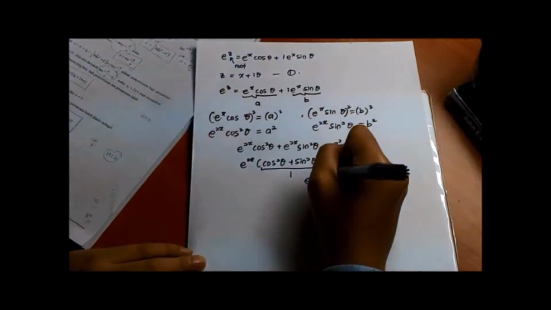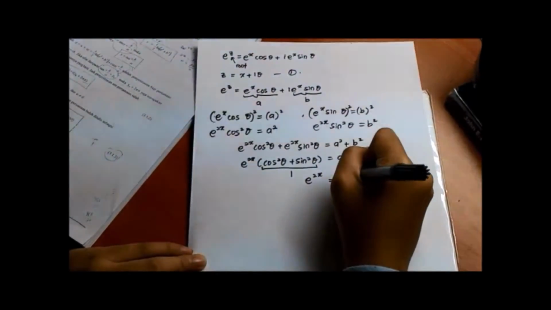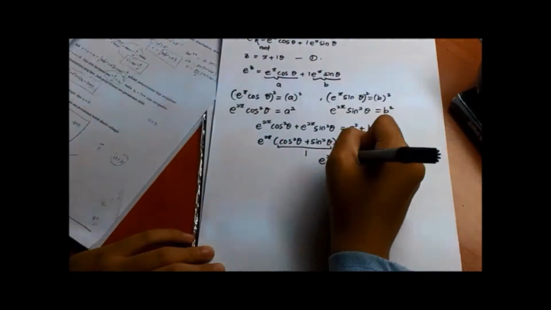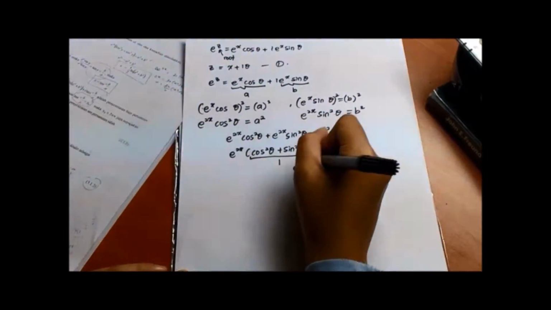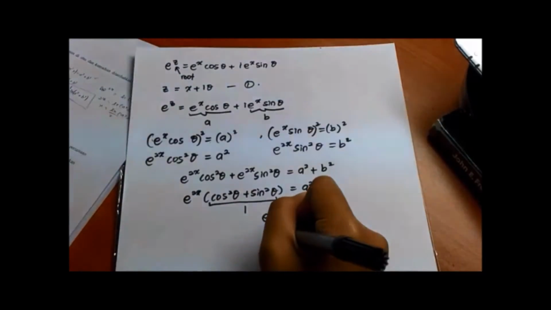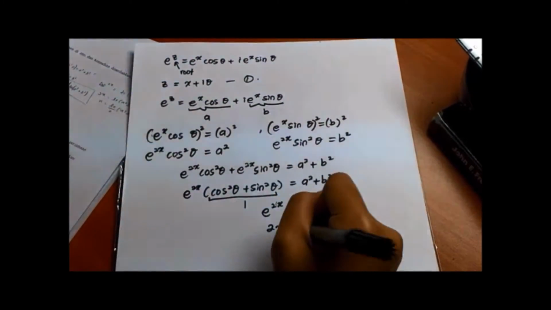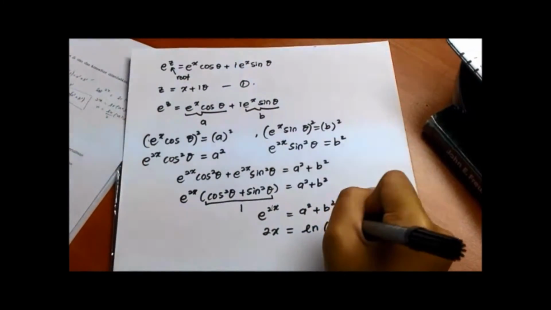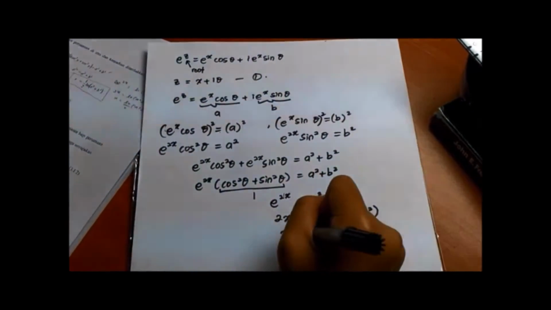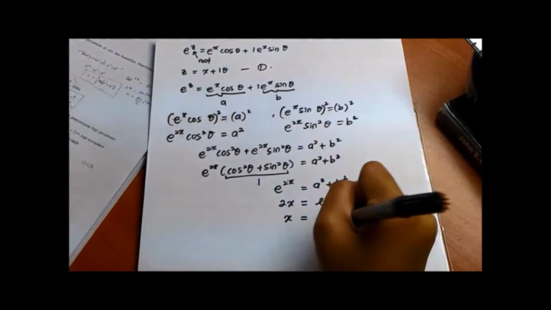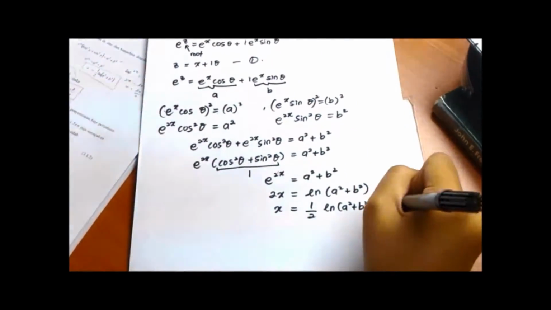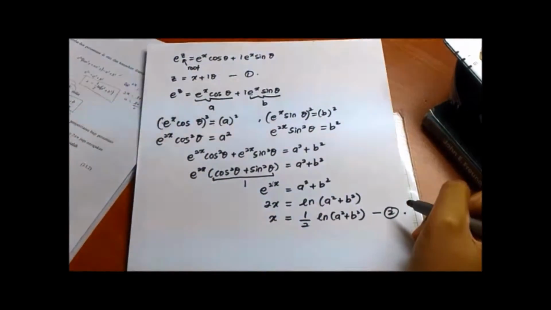Rewrite the equation: e^(2x) is equal to a squared plus b squared. To get x as the subject, we take ln of both sides. So we will get 2x is equal to ln(a squared plus b squared). We leave the x here, so we will get x equals 1 over 2 ln(a squared plus b squared). This is our second equation.